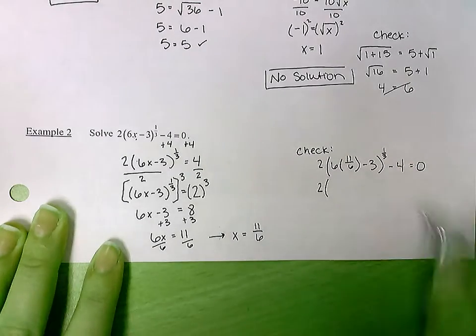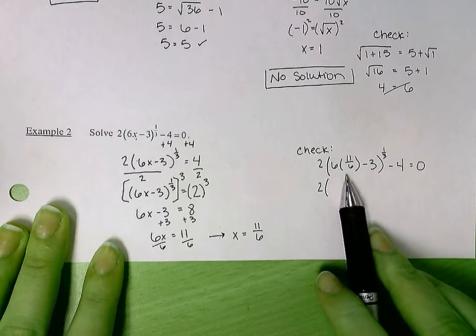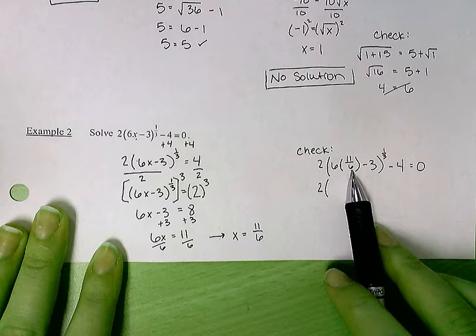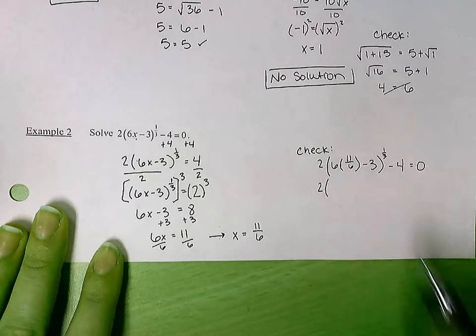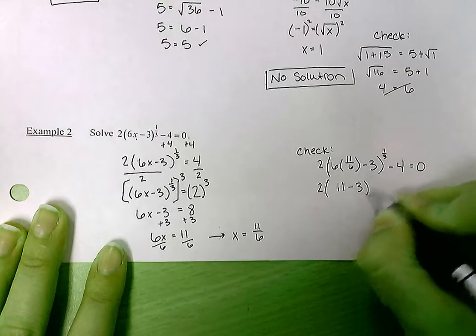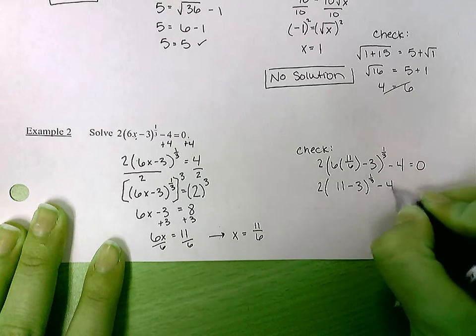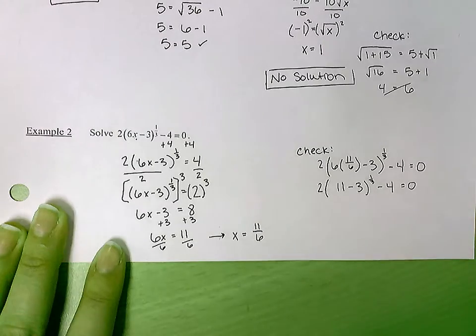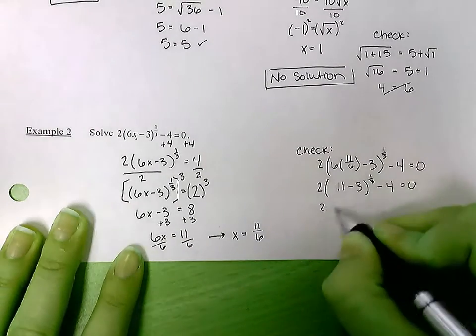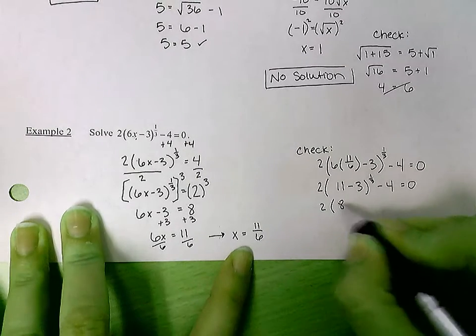Okay, so I still have this 2. I can simplify in here. So if I have 6 times 11 over 6, so 11. Your 6's will cancel. So you have 11 minus 3 to the 1/3 minus 4. Okay, 11 minus 3 is 8.